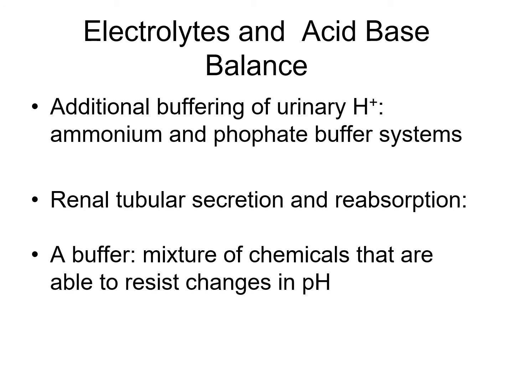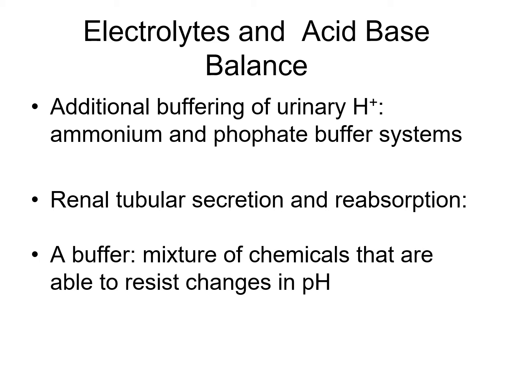Some other mechanisms that can regulate the buffering of urinary hydrogen ion are the presence of ammonium and phosphate buffer systems. The renal tubular secretion and reabsorption can also participate in reabsorbing important ions and in active secretion or removal of certain ions.